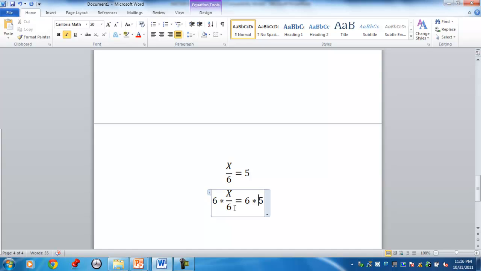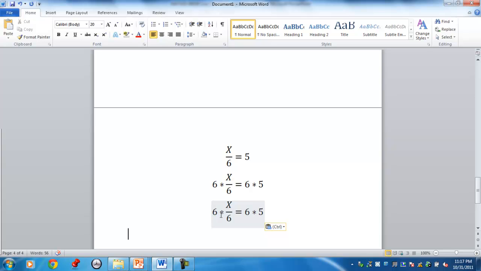So what will happen here is that these 6's on the left-hand side are going to cancel out, because basically what this is saying is we're going to have 6x over 6, and 6 times 5, which is 30.